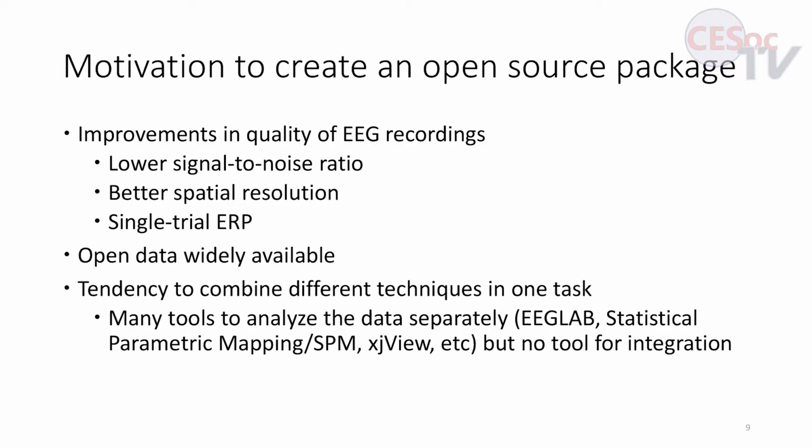And with better spatial resolution, we can look at signals more precisely, like which part of the scalp contributes more to the signal. And especially now when we can observe single trial ERP, we can really look and nail down the predicting factors for variability in event-related potentials.